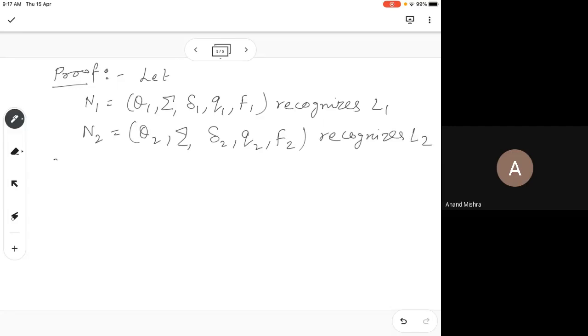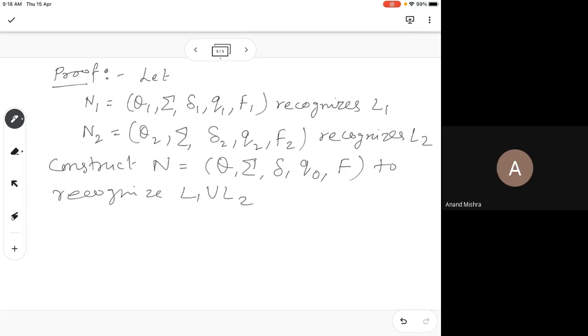Now what we will do is construct N equal to (Q, Σ, δ, q0, F) to recognize L1 union L2. And this is what we are trying to do.